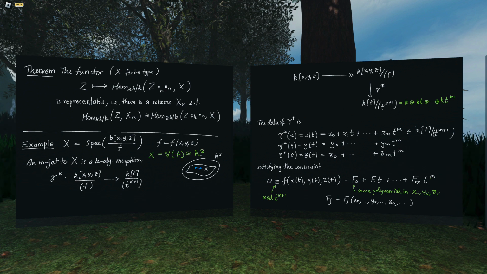Suppose X is the vanishing set of f, as it is on this page. The constraint for the blue line to be a tangent vector to X, and not just a tangent vector to that point in K3, is that the blue line is orthogonal to the gradient of f.